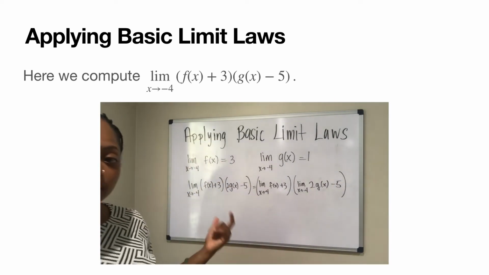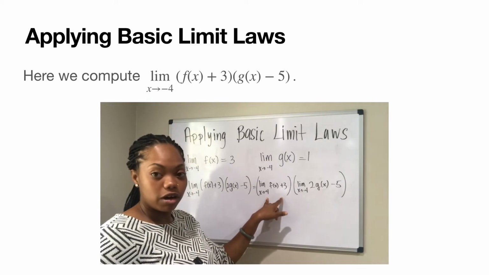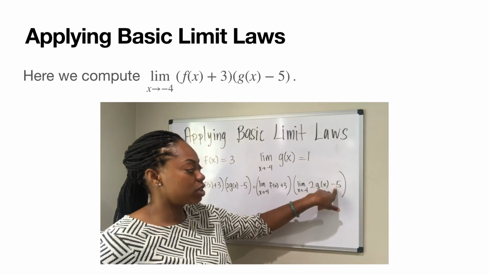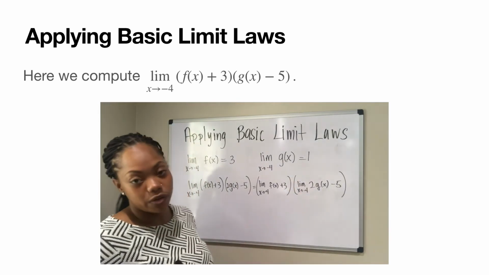Now the sum and difference law tells us that we can break up the first limit over the addition sign, and the difference law tells us we can break it up over subtraction, and the constant multiple law tells us we can bring this 2 on the outside.